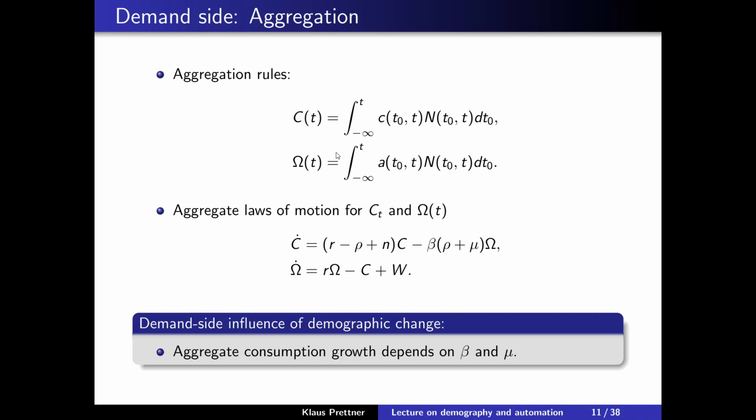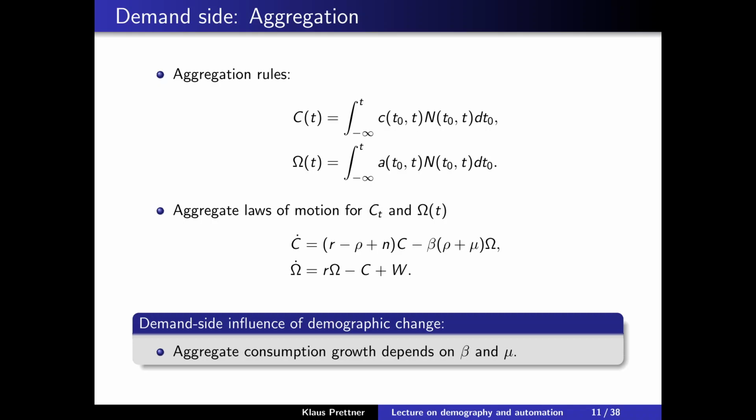Now, so far, this is rather standard. This you have in most growth models, at least without the mortality rate mu. However, what you do not have in the Romer and Jones frameworks is a demographic structure.